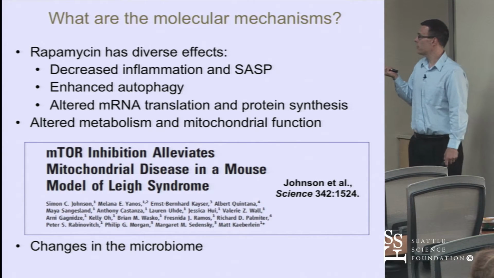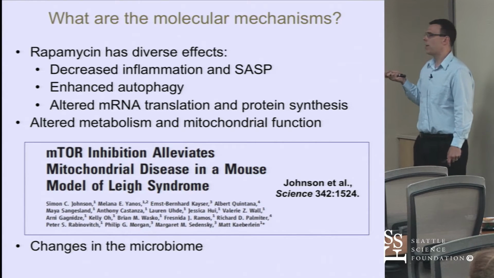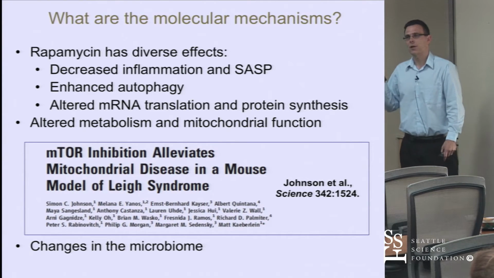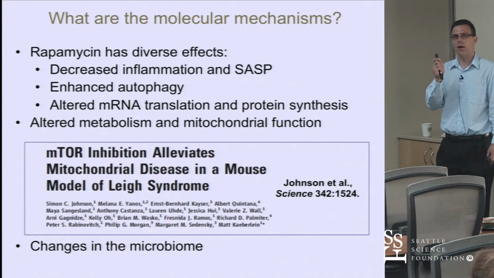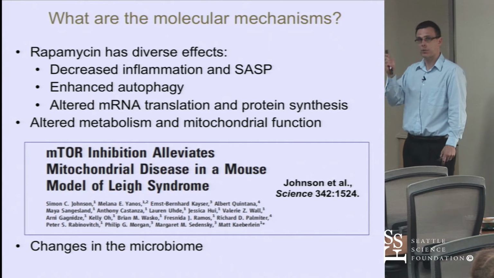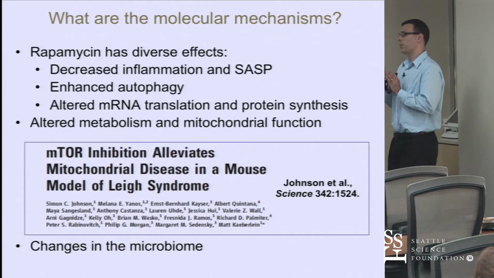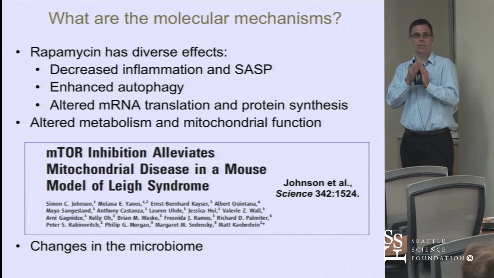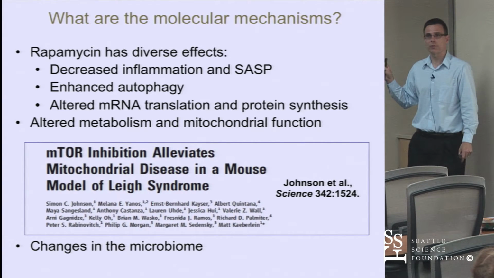And one of the areas my lab is very interested in is the effects of rapamycin on mitochondrial function. So we published a paper about a year ago showing that rapamycin could impact mitochondrial disease. So this is a mouse model of Leigh syndrome. It's a childhood mitochondrial disorder. It's actually the most common mitochondrial disorder in people. And what we saw was that rapamycin treatment in these mice was able to more than double life expectancy in this mouse model of severe mitochondrial disease.